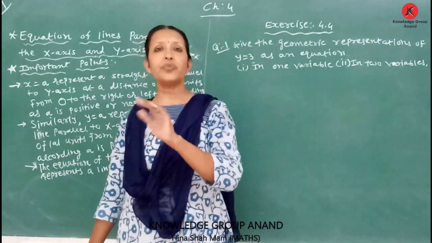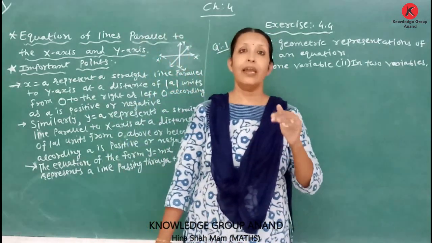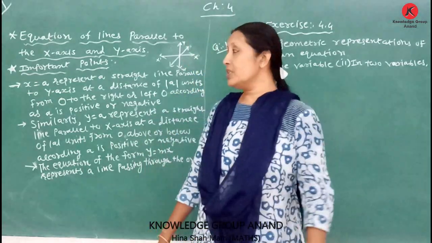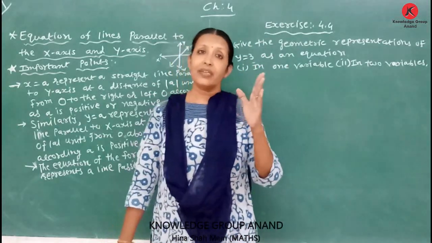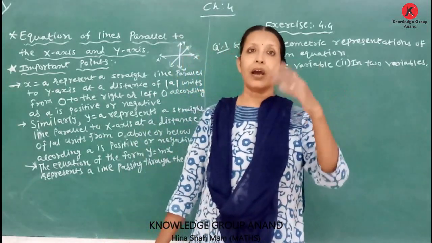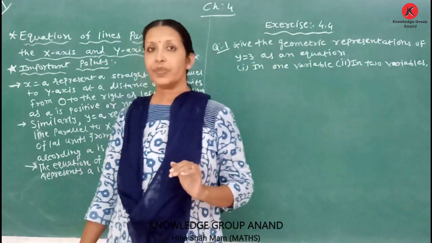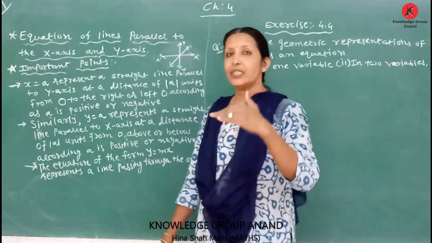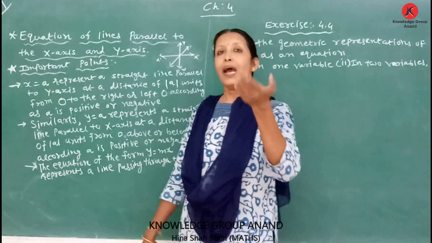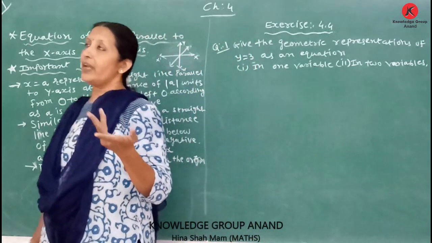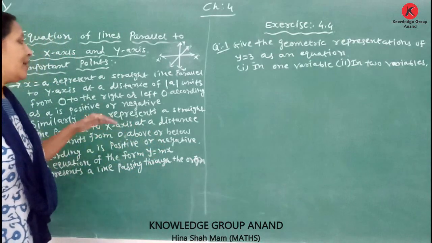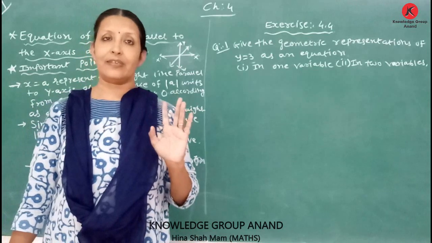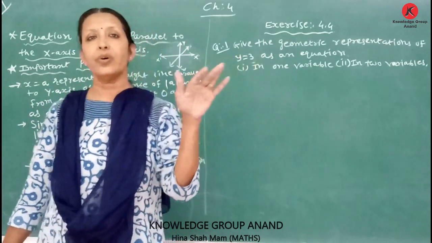If y is equal to a, that is, x does not exist, then it is parallel to the x-axis, above or below, because a is positive or negative. If a is positive, then it is above the x-axis, and if negative, below the x-axis. Remember that if x is equal to a, then it is parallel to the y-axis, and y is equal to a, then parallel to the x-axis.